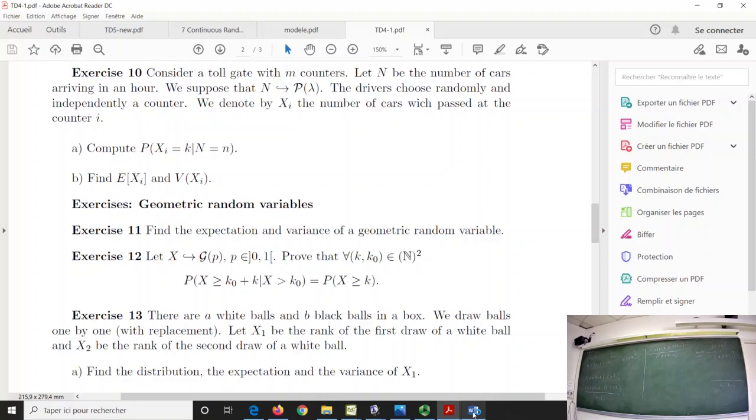Okay? The question is, is it possible to simplify this one a little? Yeah, I have to be careful because look at this.